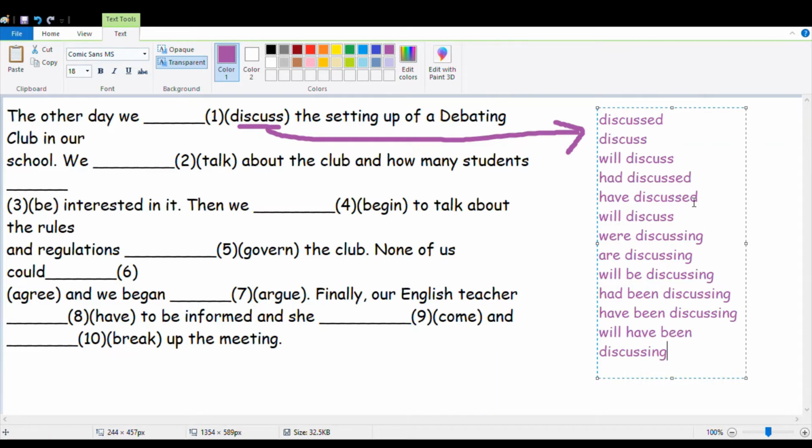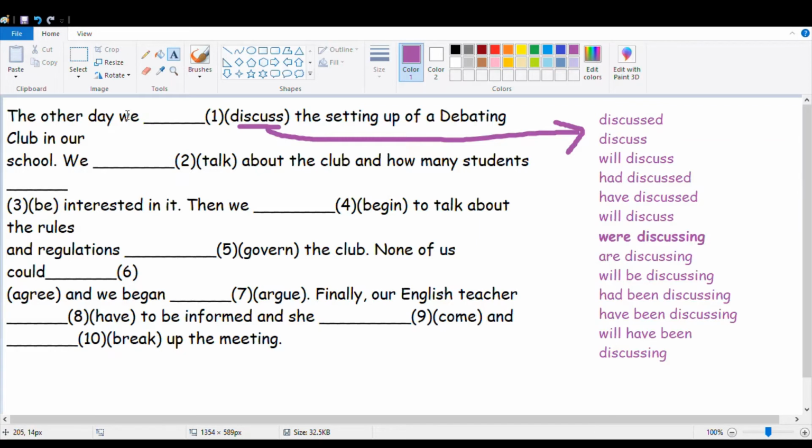So which one really makes sense? Well, I think this one makes the most sense. Were discussing. So we're just going to put were discussing over here.